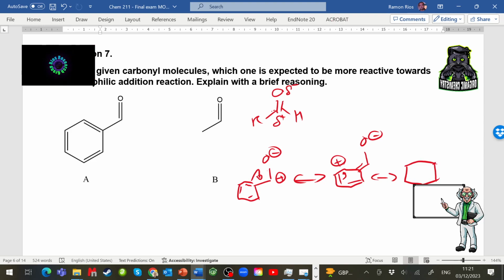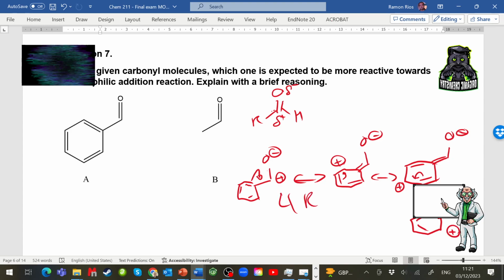Electrons and I have this, and finally I can do this. Okay, now I have 4 resonance forms for this one.